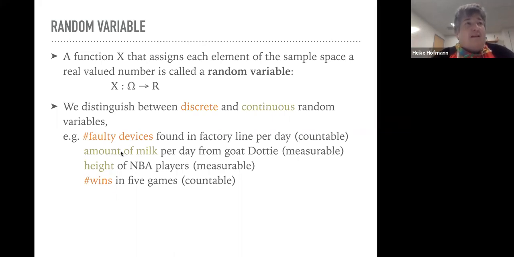Or we can have a look at the number of wins in a number of games. Let's say the number of wins in 5 games. Then we know that X will have the values 0, 1, 2, 3, 4, or 5. So 6 different outcomes.